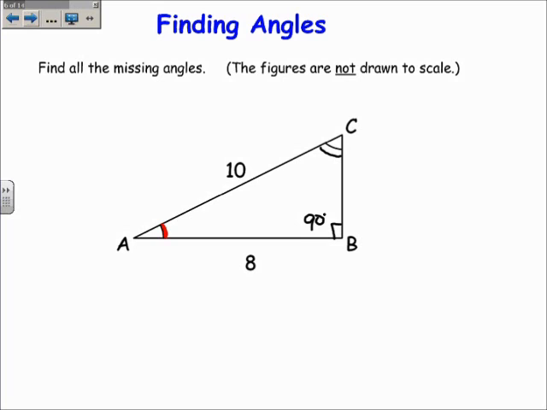Now, from A, I know the hypotenuse and I know the adjacent. So, SOH-CAH-TOA. The ratio that relates the adjacent and the hypotenuse would be the cosine ratio. I know the cosine ratio is 8/10. So to find the measure of angle A, I will look at the inverse cosine of 8/10.